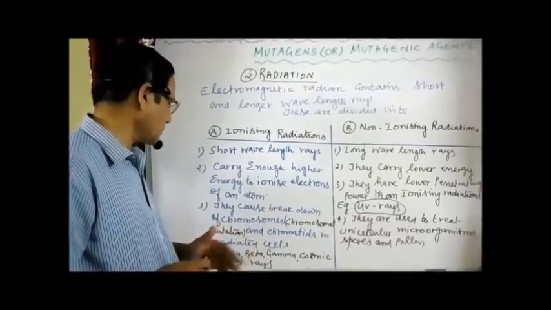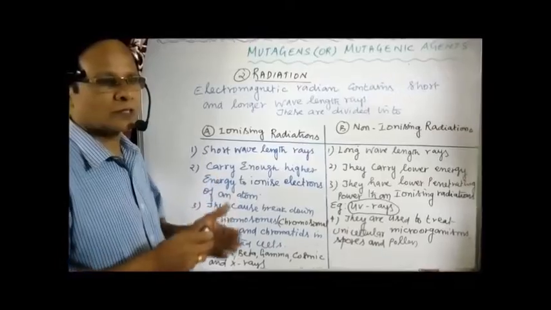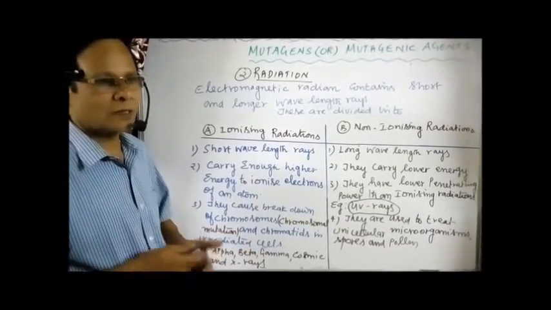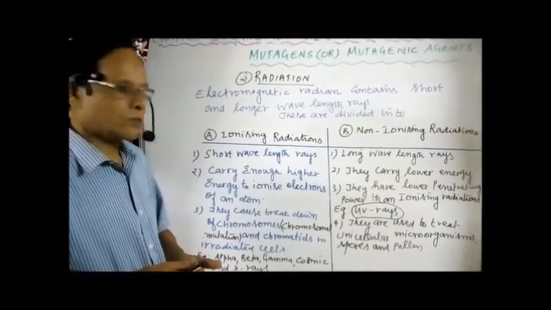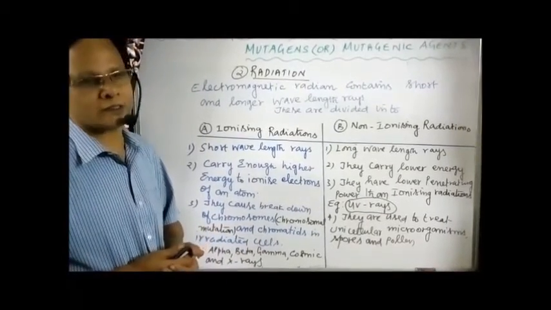This is called chromosomal mutations. The examples are X-rays, alpha, beta, gamma rays, and the cosmic rays.